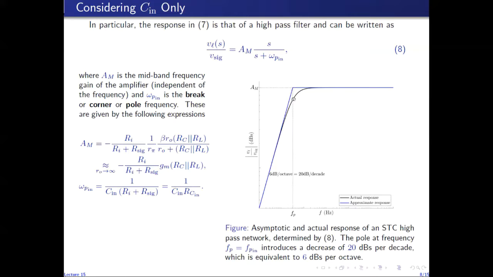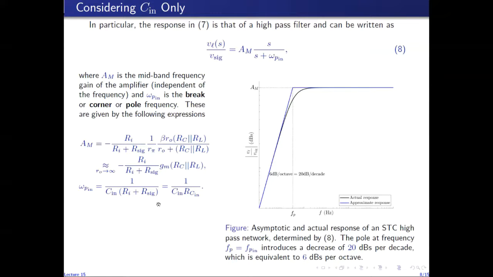This is a simulator generated black curve, but this blue curve, which is the asymptotic response, can be easily drawn by hand. Whenever you encounter a pole frequency, just decrease the gain by a slope of 20 dB per decade. So this is a very effective tool, this asymptotic plot. It enables us to analyze the circuit quickly at low frequency.